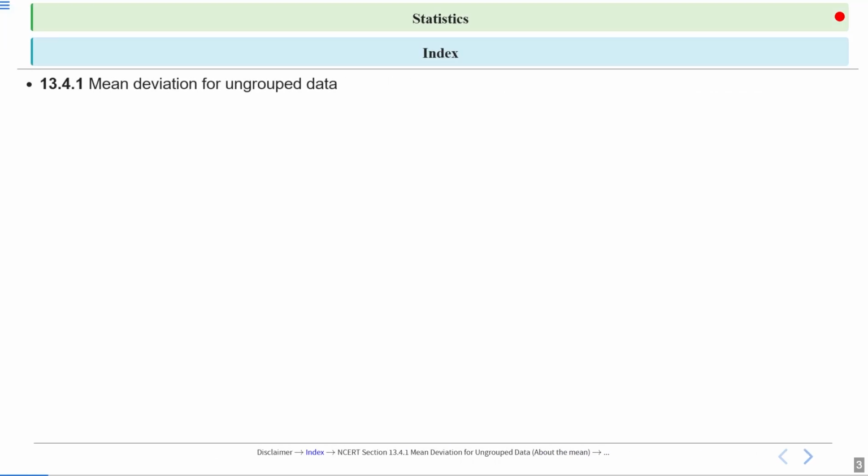First, we will look at mean deviation for ungrouped data. Then we will look at examples 1 to 3.